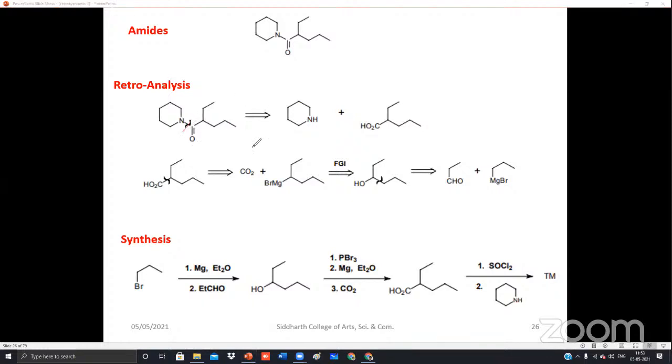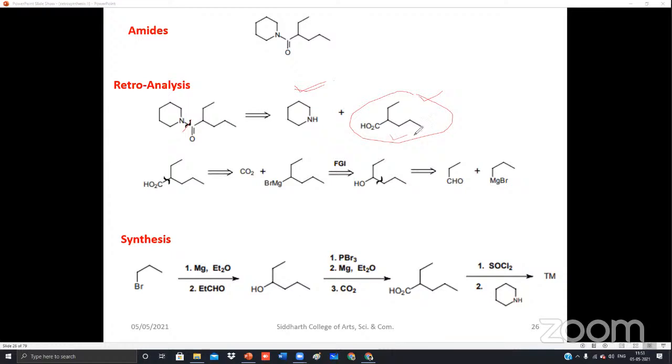In the disconnection arrow you have to write carbon-nitrogen disconnection, the carbon-nitrogen of the amide bond. If we disconnect over here, we'll get piperidine, and we will get the acid derivative, the carboxylic acid. If you want to synthesize this acid, which will not be available, then you can go ahead with its synthesis, but the piperidine will definitely be available.